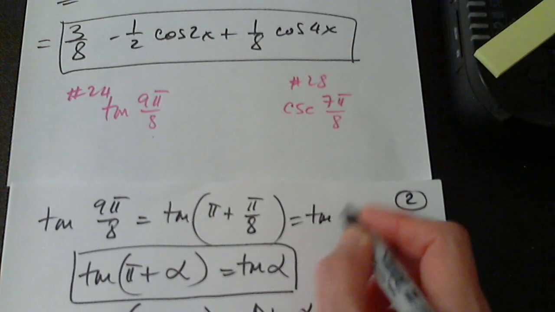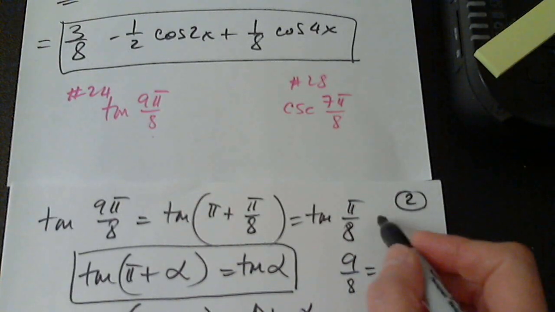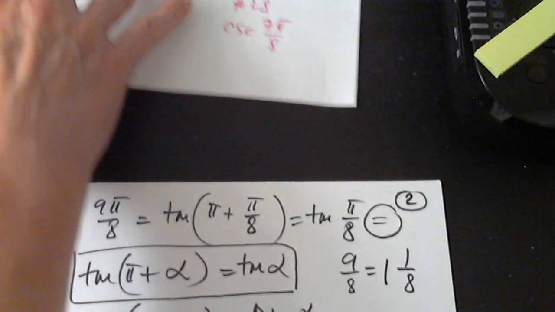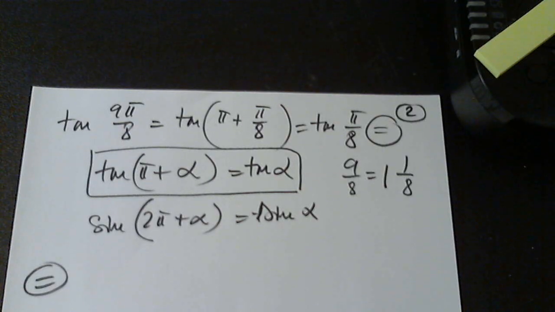I can always determine, in this case, tangent pi over 8. So I'm going to jump over all this explanation and continue here. Stop me if you have questions. Is this okay so far? Let's take a moment. Is this okay so far? Any questions? Anyone? Don't be shy.